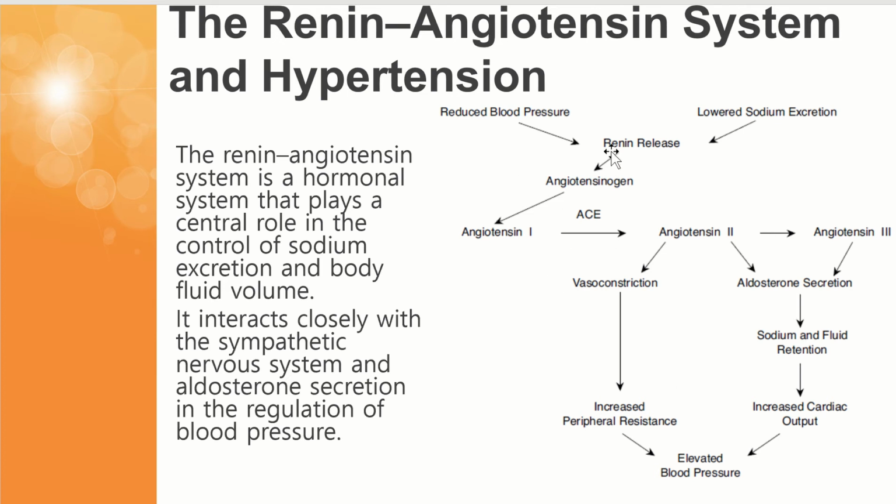So this is a system that starts off with renin release, and we have conversion from polypeptides to smaller peptides, and peptides involved in the stimulation of the aldosterone secretion, which therefore leads to sodium and fluid retention and eventually blood pressure elevation. So this is a very well regulated and maintained system that occurs naturally within our system.